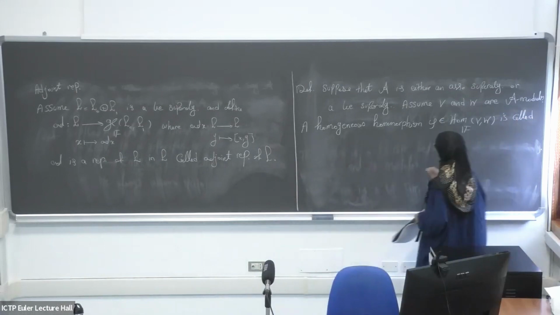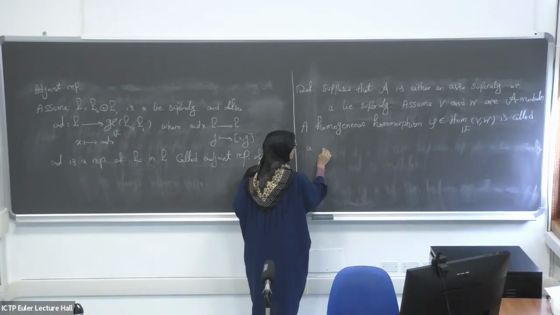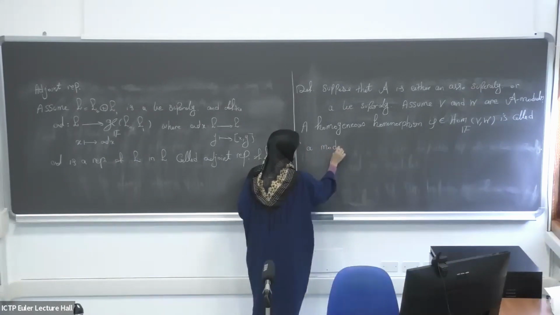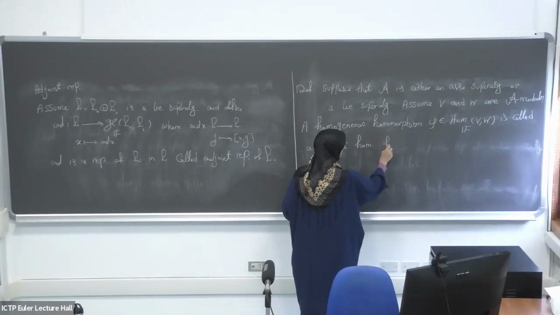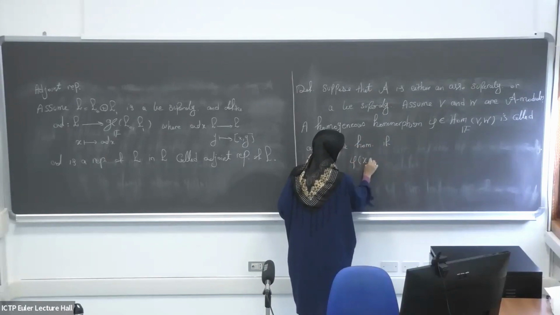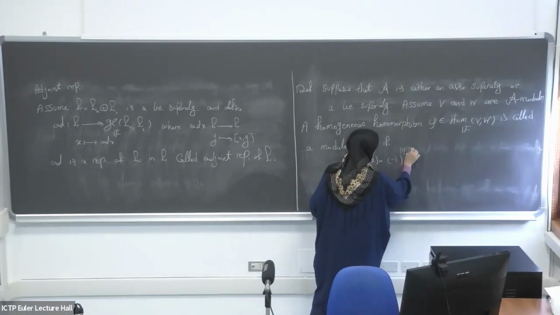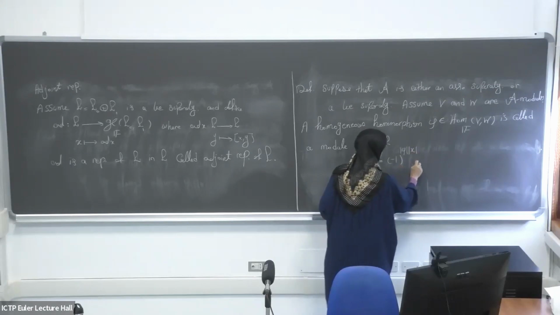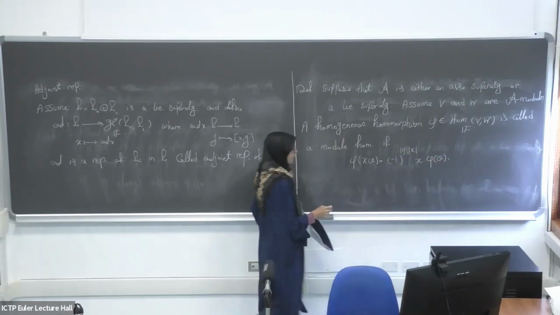Such a homogeneous homomorphism is called a module homomorphism if phi(xv) equals (-1)^(deg phi deg x) x phi(v).